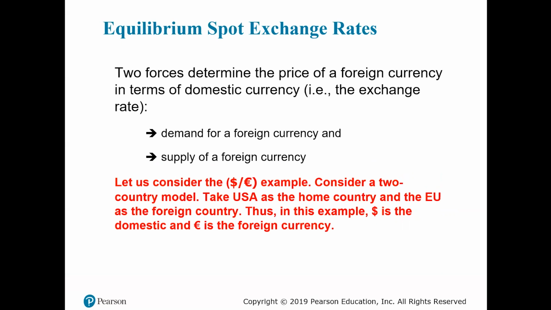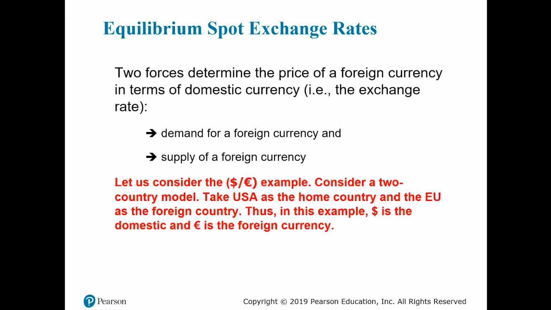The floating exchange rate regime, at the heart of it, is the equilibrium spot exchange rate. This is where the exchange rates are determined. There are two forces that determine the price of a foreign currency in terms of a domestic currency, which is the exchange rate: the demand for a foreign currency and the supply of a foreign currency.